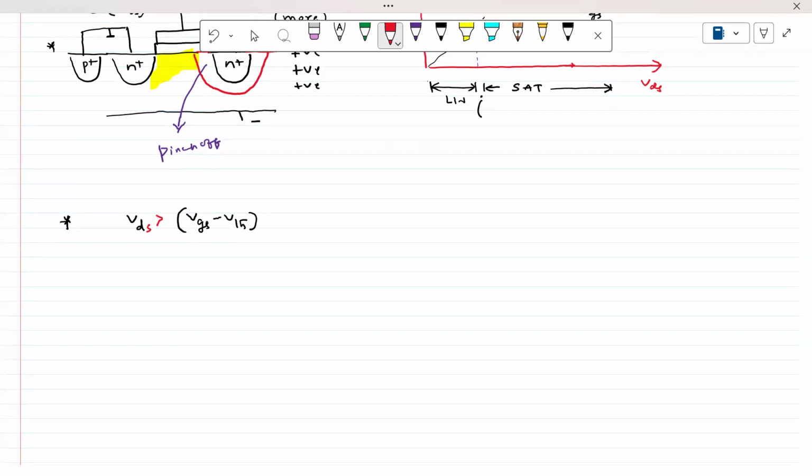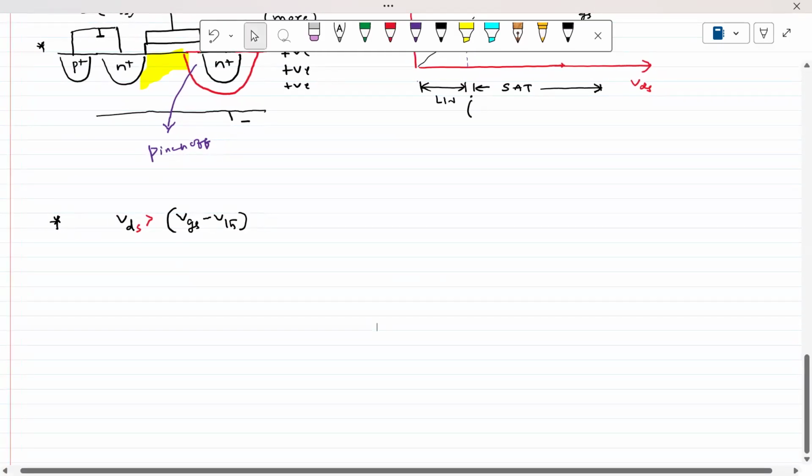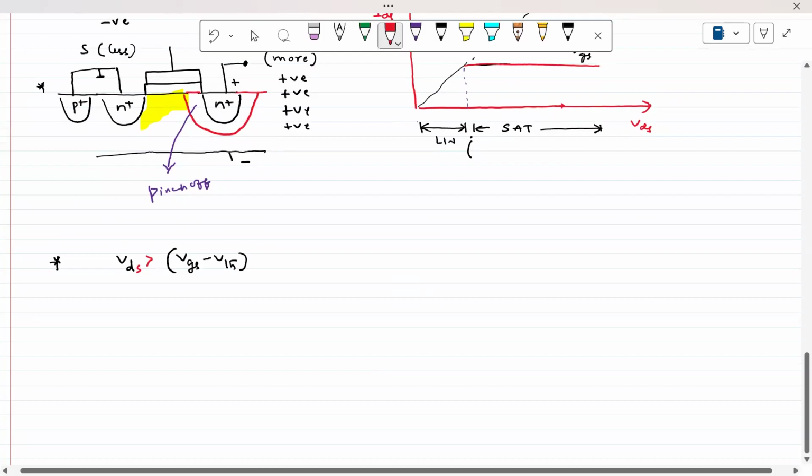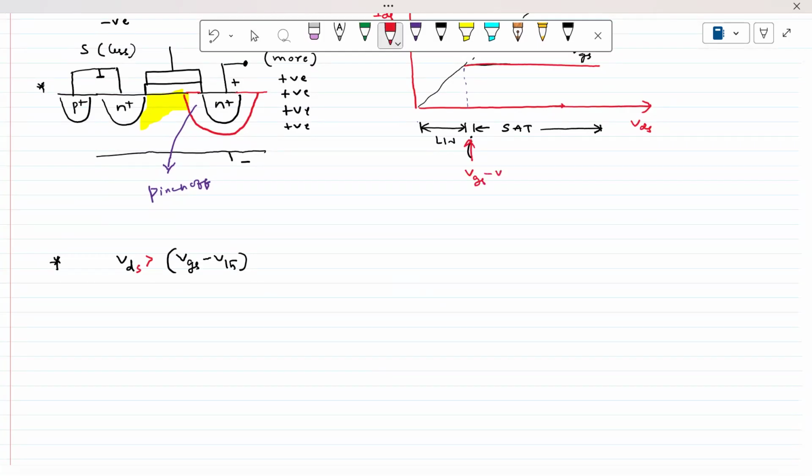If you increase the VDS value more and more near the drain, then VGS minus VTH, the gate to source voltage, is less than the threshold voltage. So that's the reason why. This point is VGS minus VTH, which is also called the overdrive voltage. Normally, people call it overdrive.